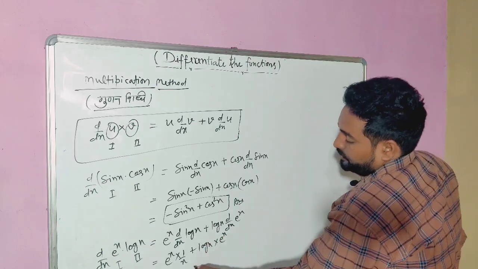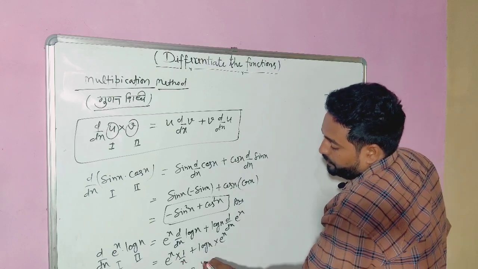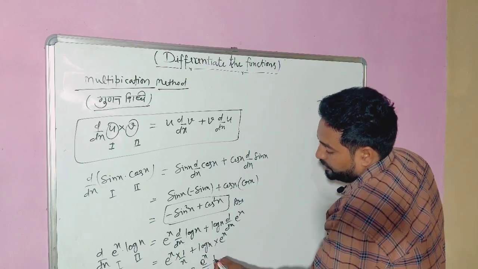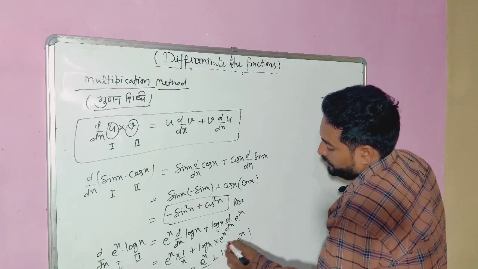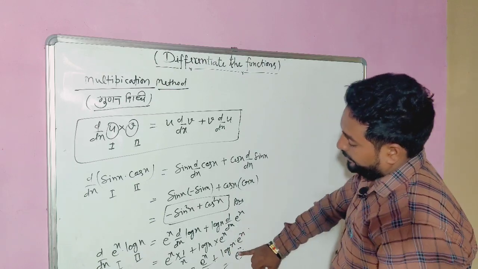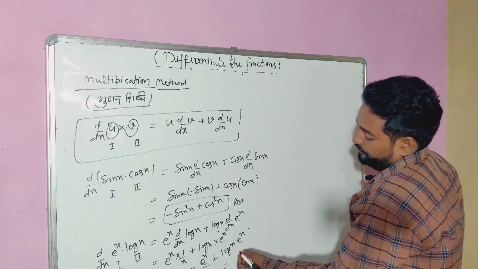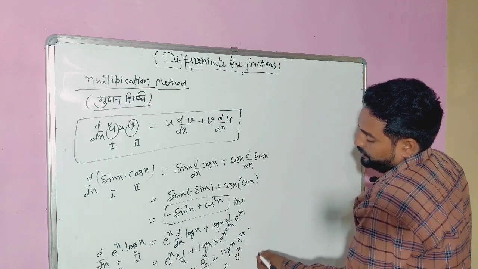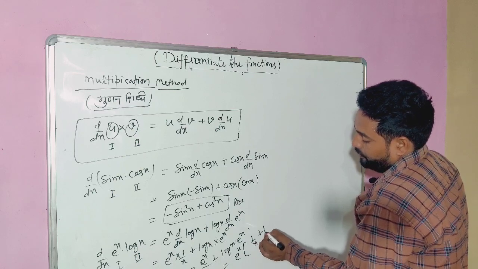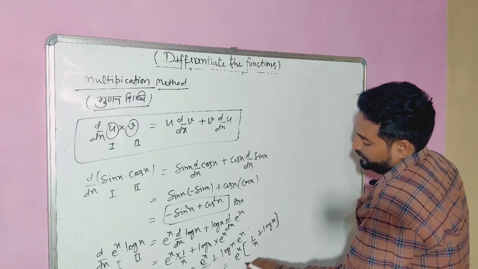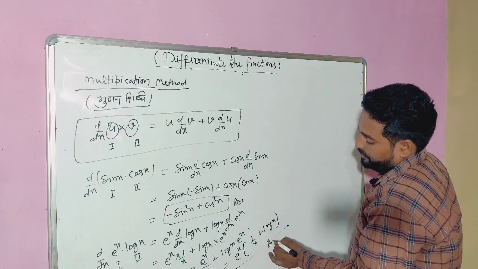So friends, we solve it: e power x upon x plus log x into e power x. We can take e power x common: e power x into 1 upon x plus log x. That is the answer.